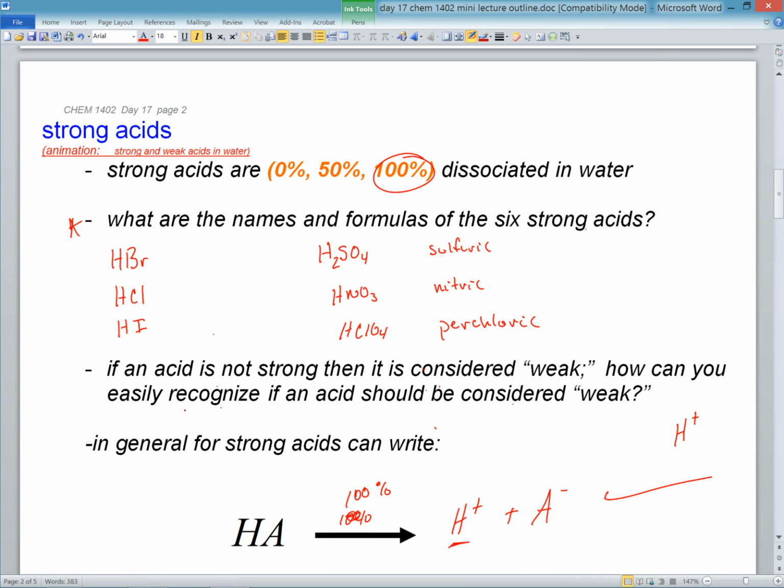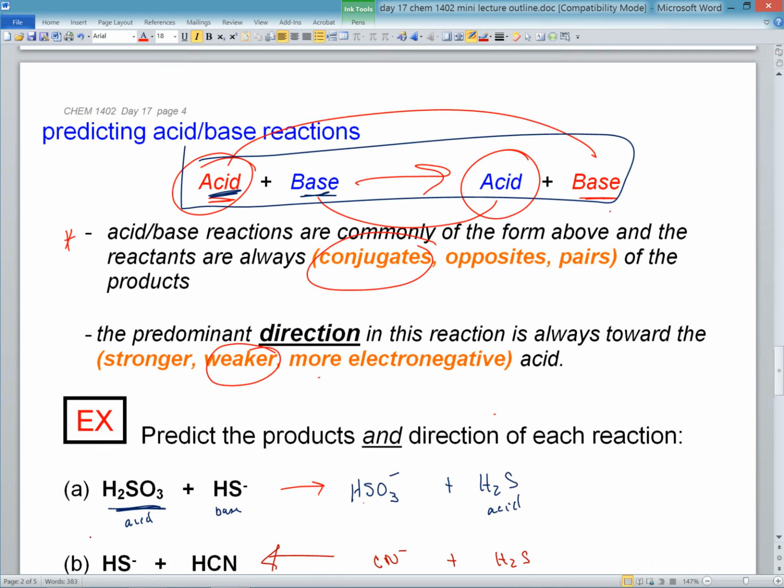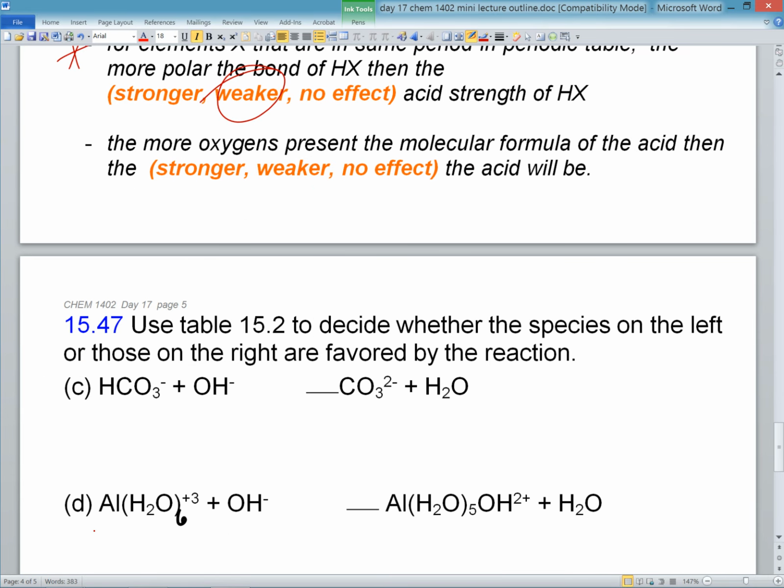Here they are. Okay, here's our strong acids. The more oxygens you have, the better off you are. Look at all those oxygens, H2SO4, HNO3, HClO4. So yeah, the more oxygens you have, the stronger that acid will be. I was like, what oxygens? But I saw them. Okay, so that's it.